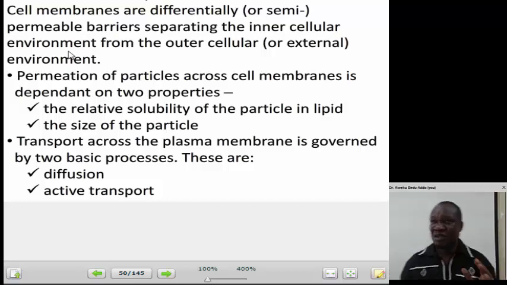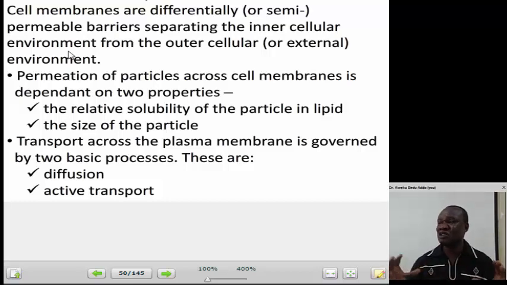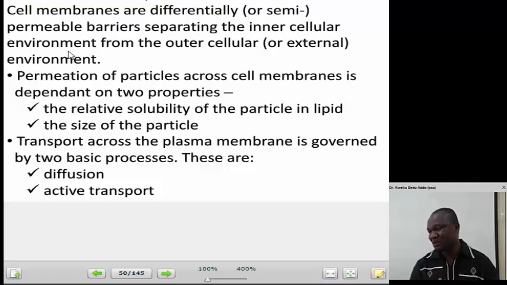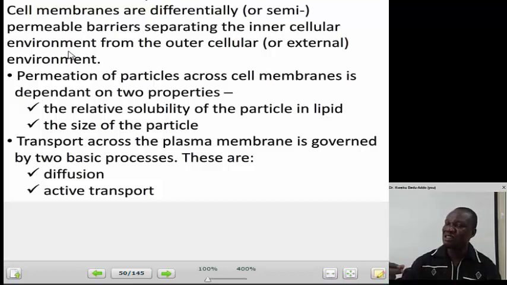Now, permeation of particles across the membrane is dependent on two properties: the relative solubility of the substance in lipid and the size of the particle. If the substance that is supposed to be ferried across the membrane has a high lipid solubility, it is easily moved across.